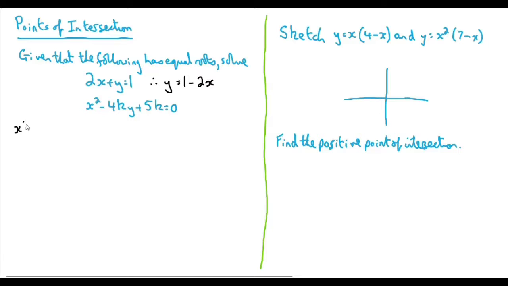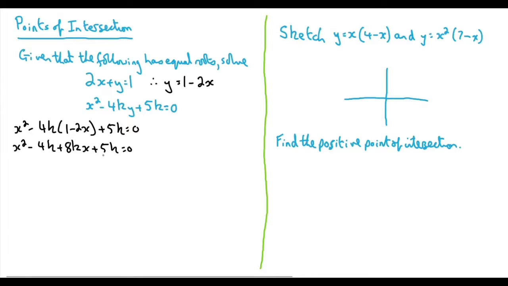So it will become x squared minus 4k times the 1 minus 2x plus 5k equals 0, which, if we expand the brackets, gives x squared minus 4k plus 8kx plus 5k equals 0, because the minus times the minus becomes plus.